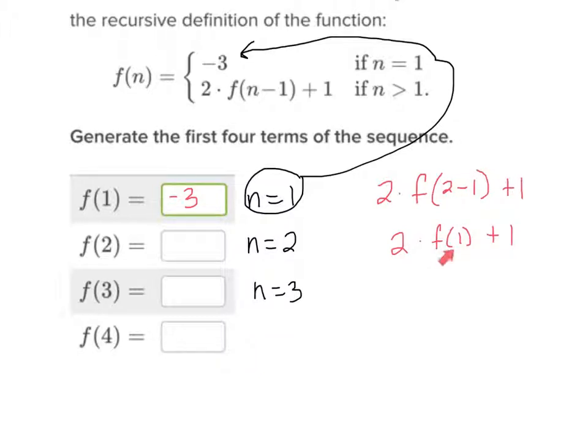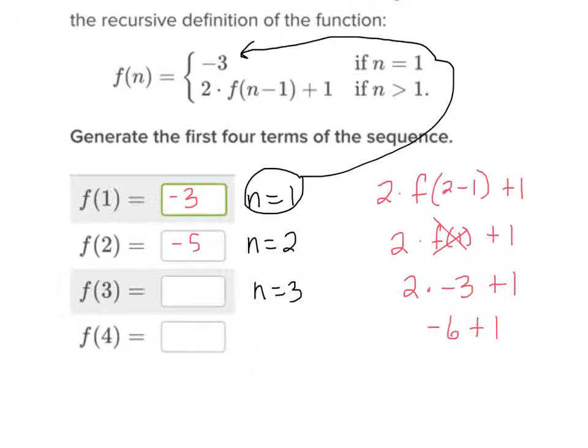Well, we need to know what f of 1 is, don't we? What did we say right here f of 1 is? So in the place of f of 1, I'm going to put a what? So I have 2 times negative 3 plus 1. And you must multiply before you add. So this will be negative 6 plus 1, which is negative 5.